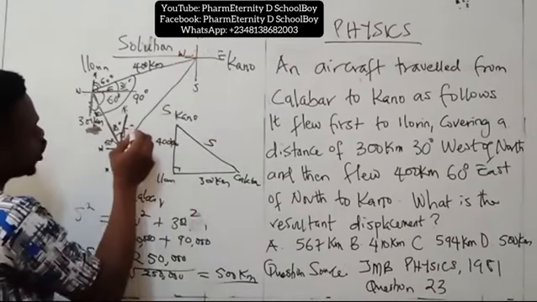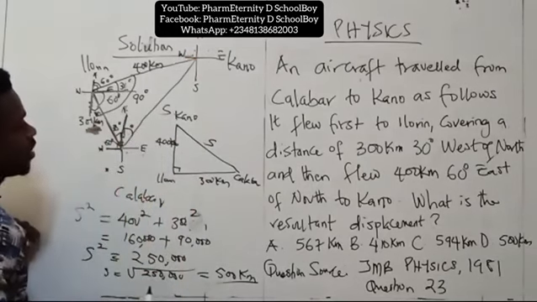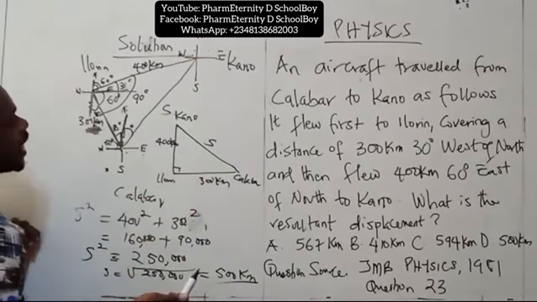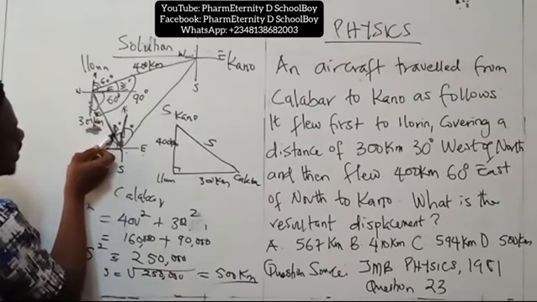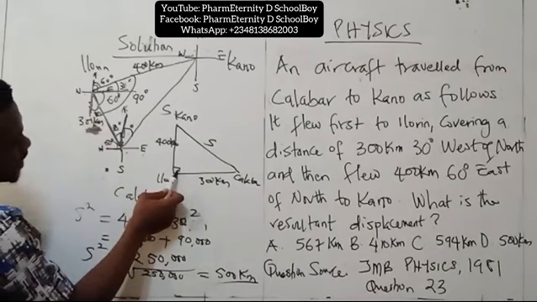We just need to determine this angle, and it's simple. Since we have already gotten this to be 30 and this to be 90, we can use any of these.